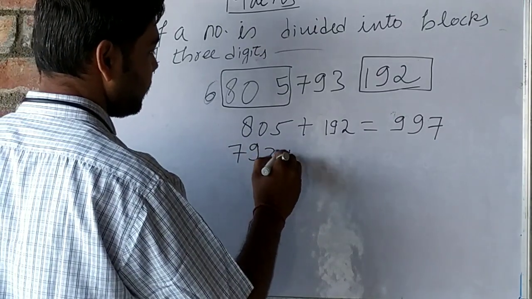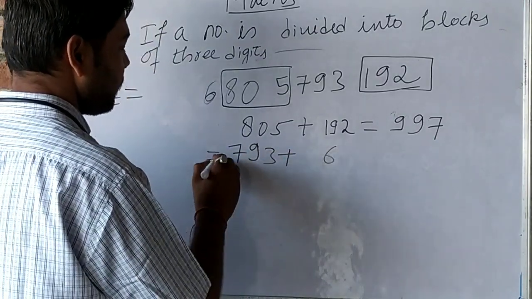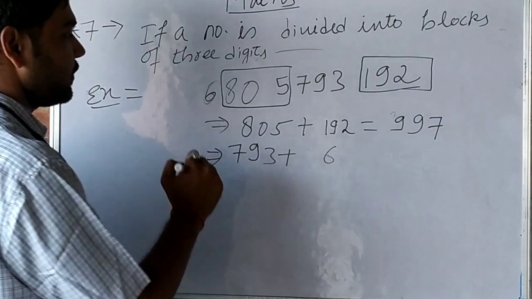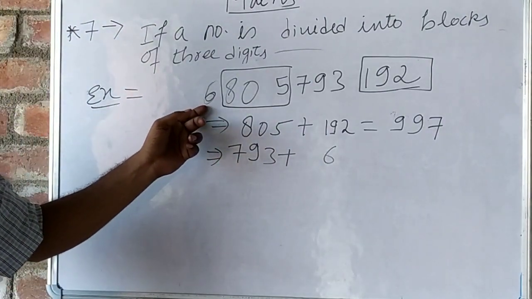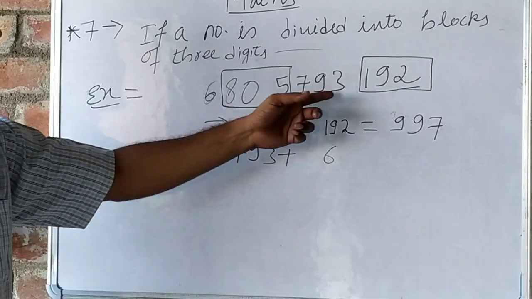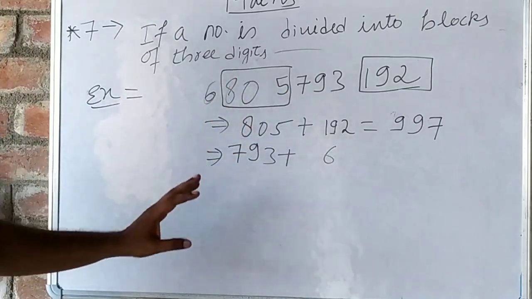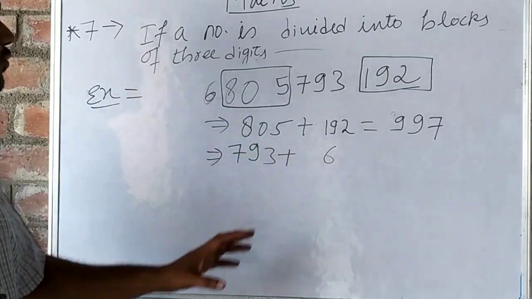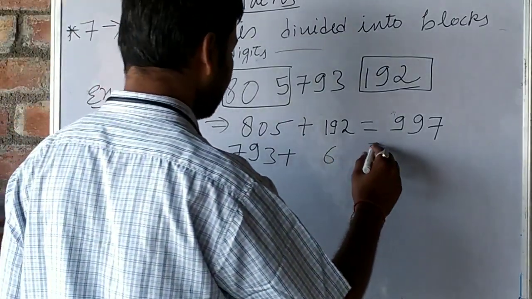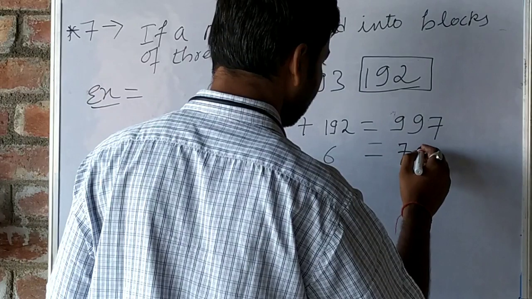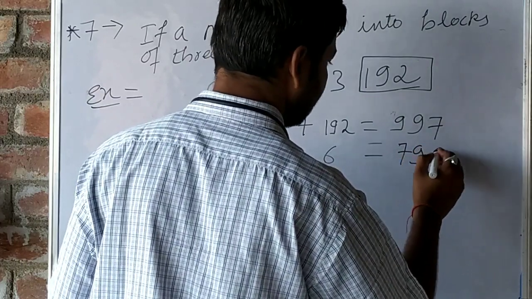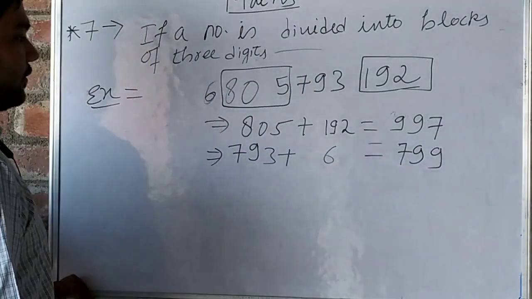Now the digits which are left out: 793 plus 6. We only have one digit left here. We do not have 3 digits like this, so whatever is remaining, we will just add. 793 plus 6 equals 799. Understand?